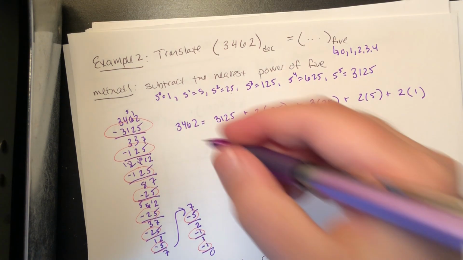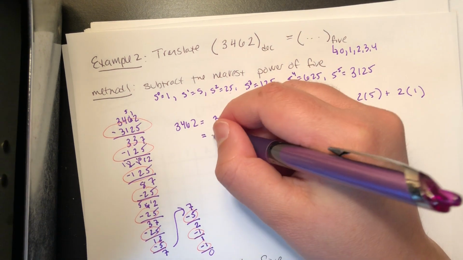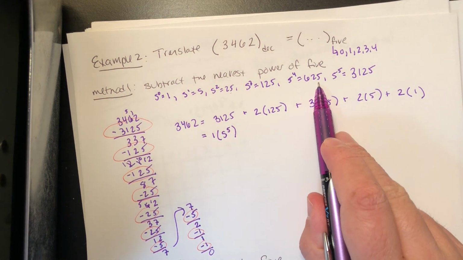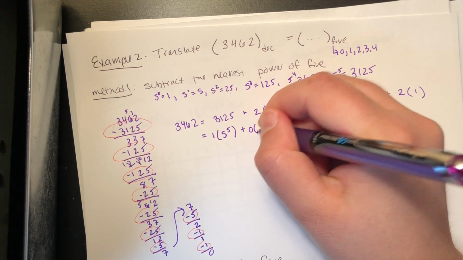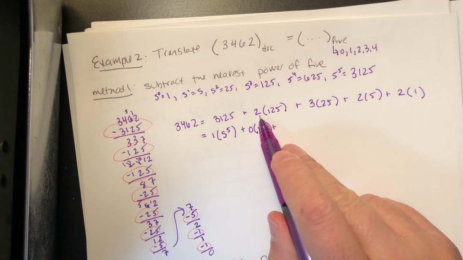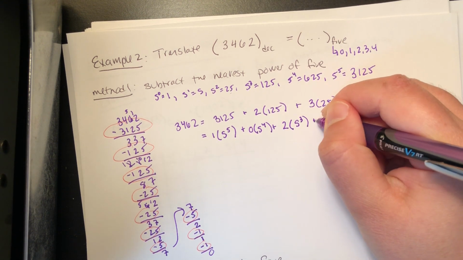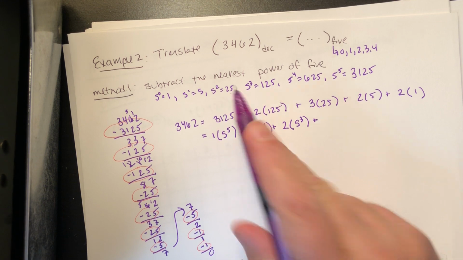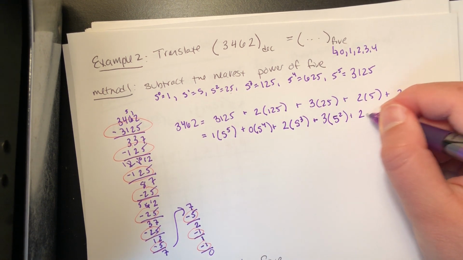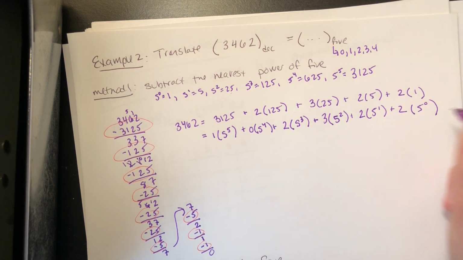All right, and now I just want to rewrite this as powers of 5, remember. So this is just 1 copy of 5 to the 5th power. We didn't have any copies of 625, but we still need that 0 placeholder. We have 0 copies of 5 to the 4th. Then we had 2 copies of 125, so that's 2 copies of 5 cubed. Then we had 3 copies of 5 squared, 2 copies of 5 to the 1, and 2 copies of 5 to the 0.